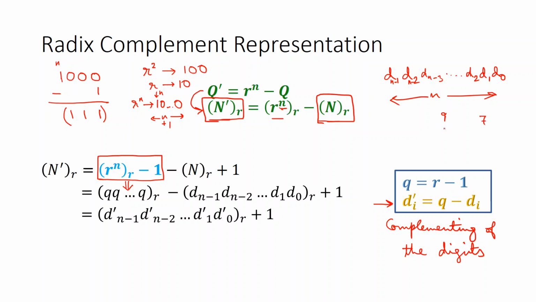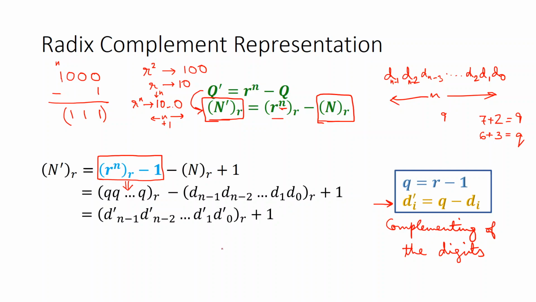If you want to complement 3, you subtract 3 from 9 and you get 6. Note also that the complement of 7 is 2, and the complement of 6 is 3. So the digit complements add up to 9, which is q for any particular number system.